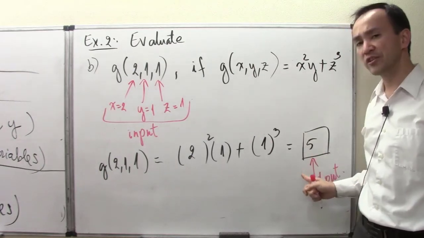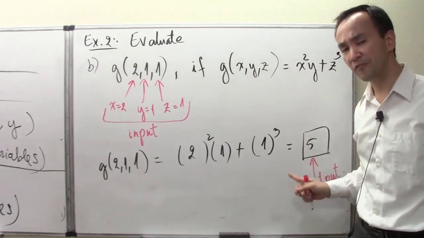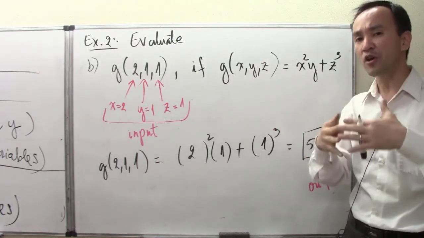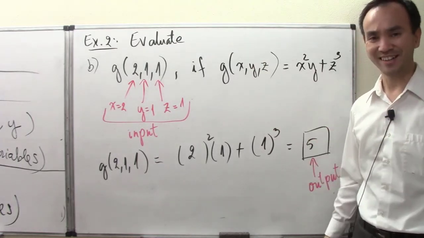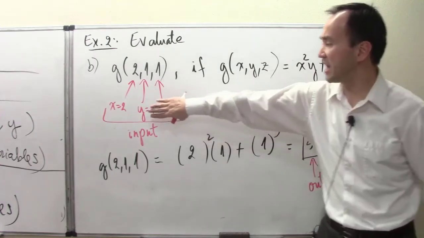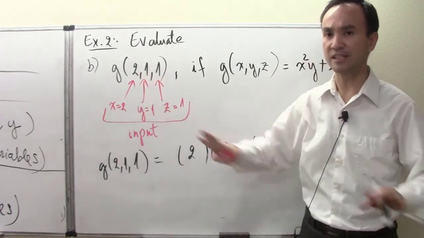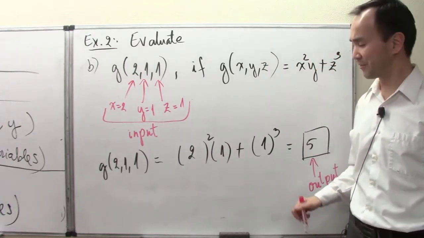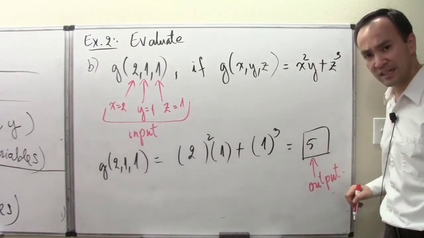But in order to determine an output of a multivariable function, which is the idea throughout the whole discussion from the beginning, we need multiple input values to come together. Just indicating x equals 2 and leaving the rest is not going to come up with an output yet. That's the idea.